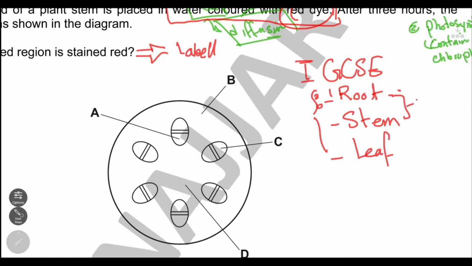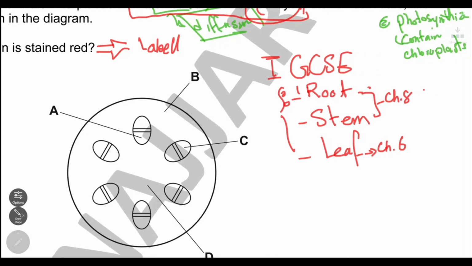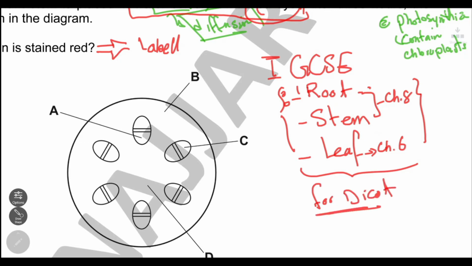Root and stem are both in chapter 8. Leaf is in chapter 6, nutrition in plants, or plant nutrition. All of them are for dicot, not monocot. So we need to know in detail the roots, the stem, and the leaf in the IGCSE.